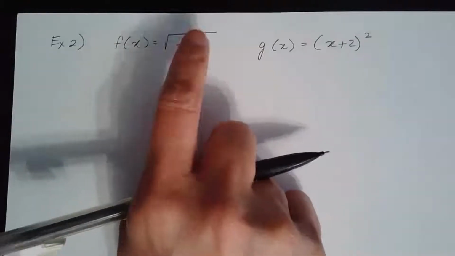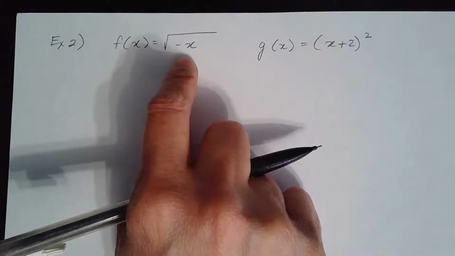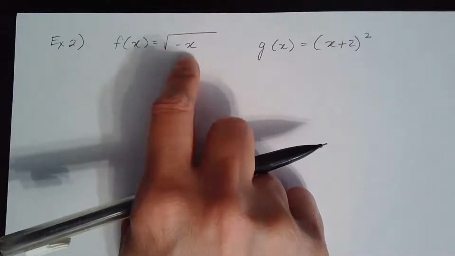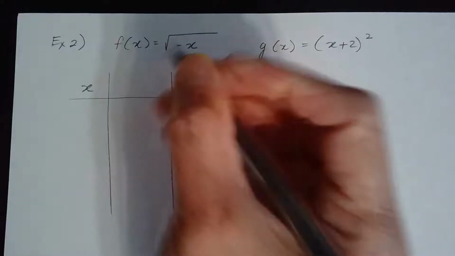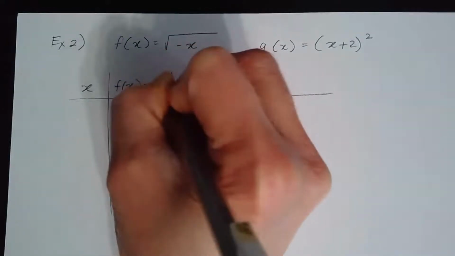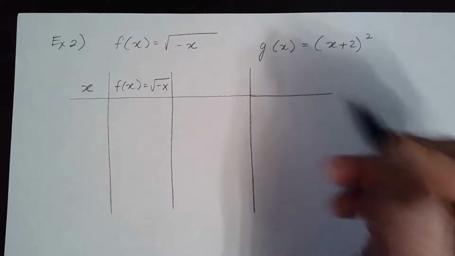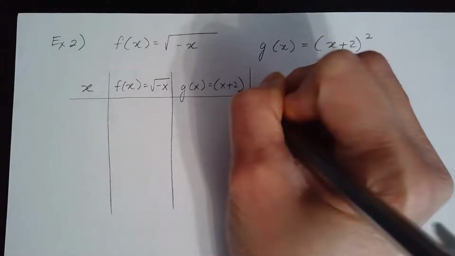We already know that this function is defined for values less than or equal to 0, and this one is for any value, so combine. So f of x equals the square root of negative x, and g of x equals x plus 2 squared.